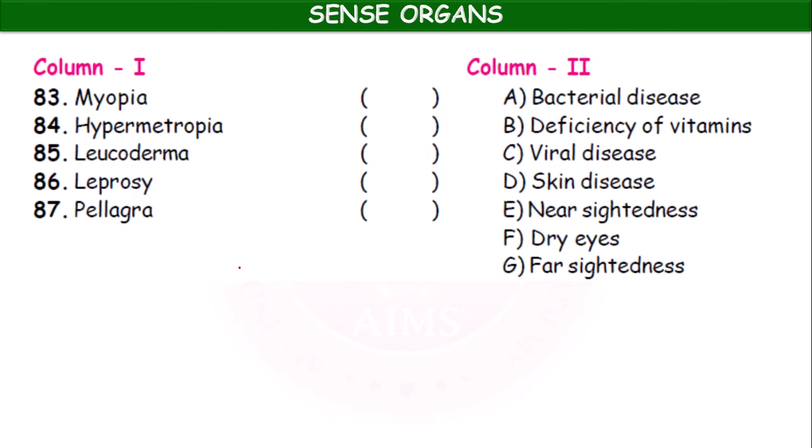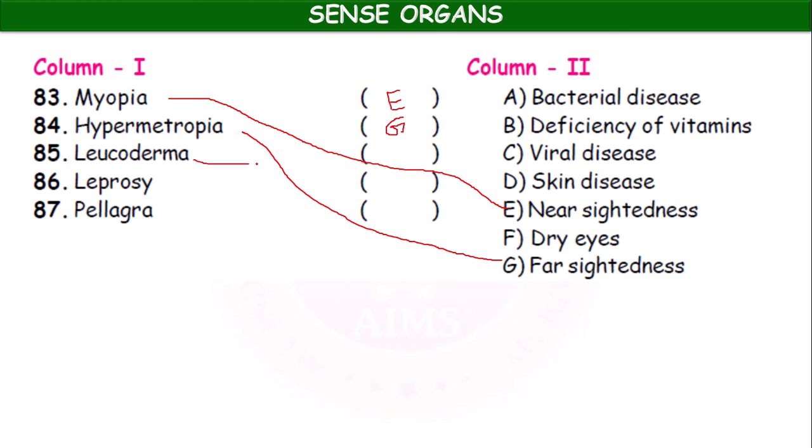Next, myopia. It is also called nearsightedness or short-sightedness. Hypermetropia is also called far-sightedness or long sight. Leukoderma is a skin disease where there is a lack of the pigment melanin.